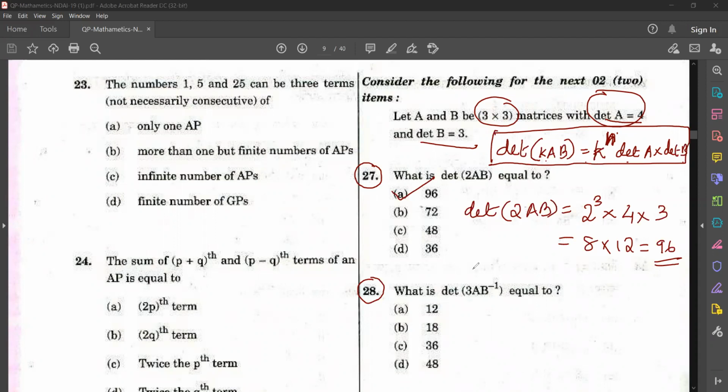So for the 28th question, determinant of 3AB inverse.